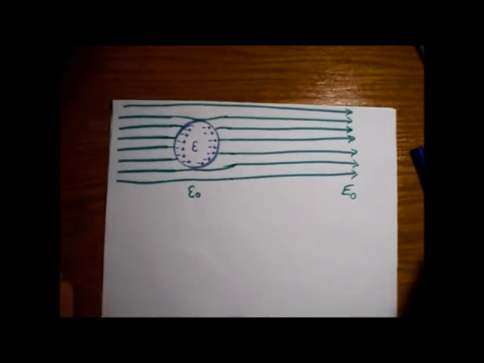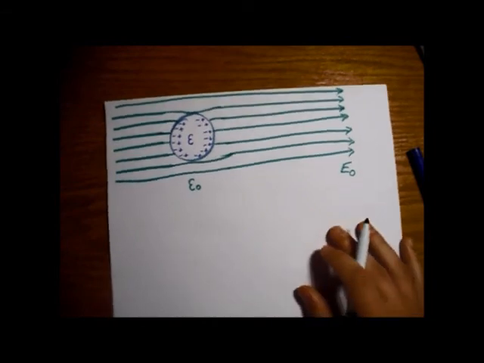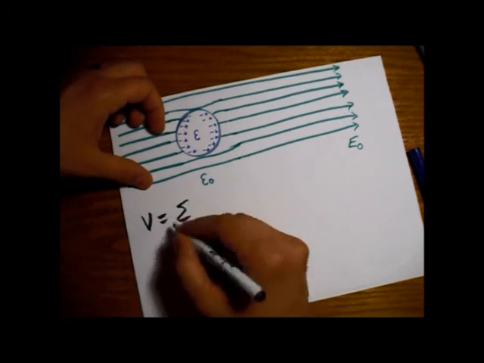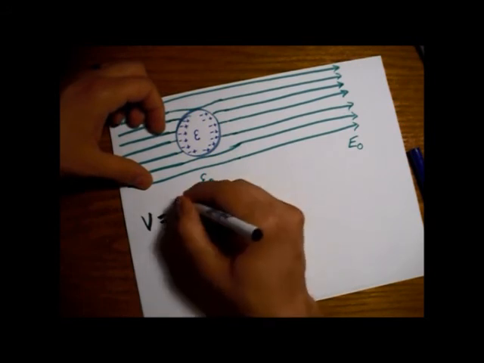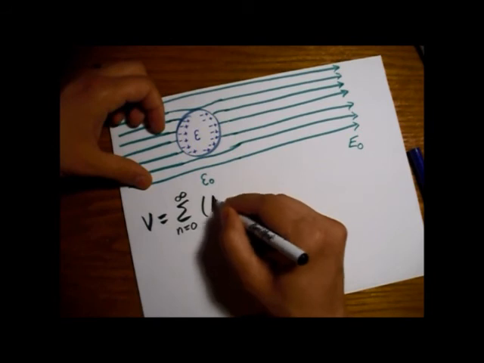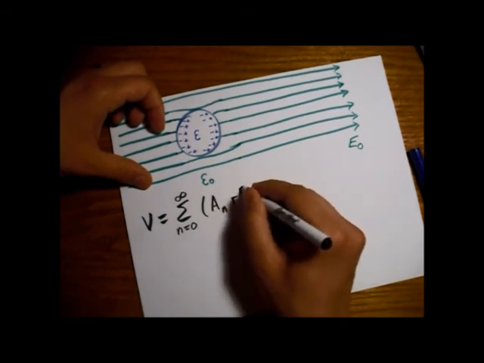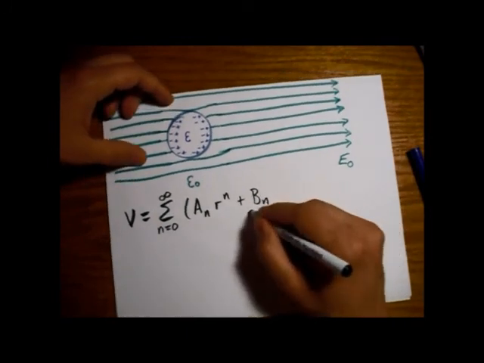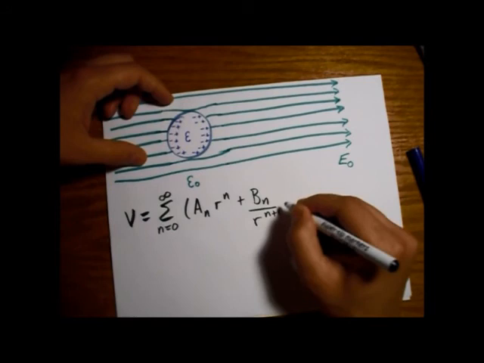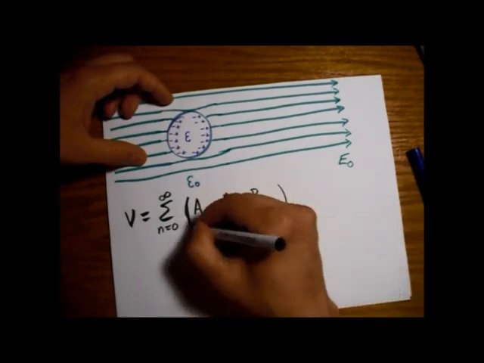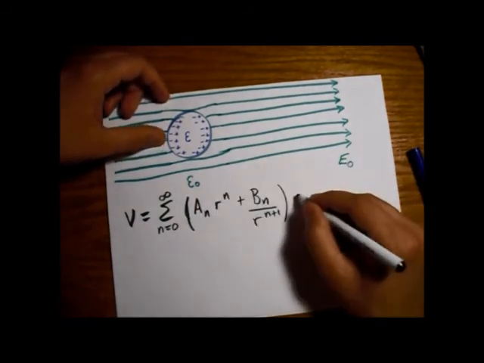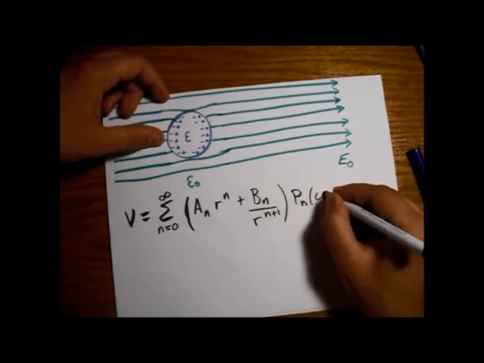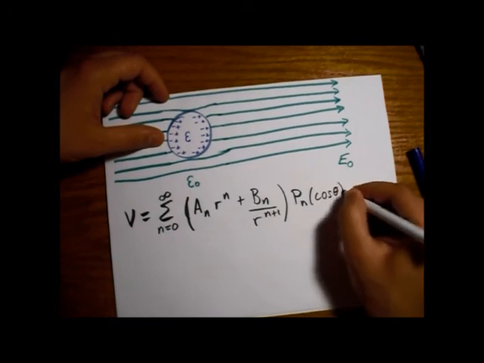So just in general, the potential is going to be a sum from n equals 0 to infinity of a sub n times r to the n plus b sub n divided by r to the n plus 1, and I'm going to go ahead and make this a c over here, times our Legendre polynomial of cosine of theta.